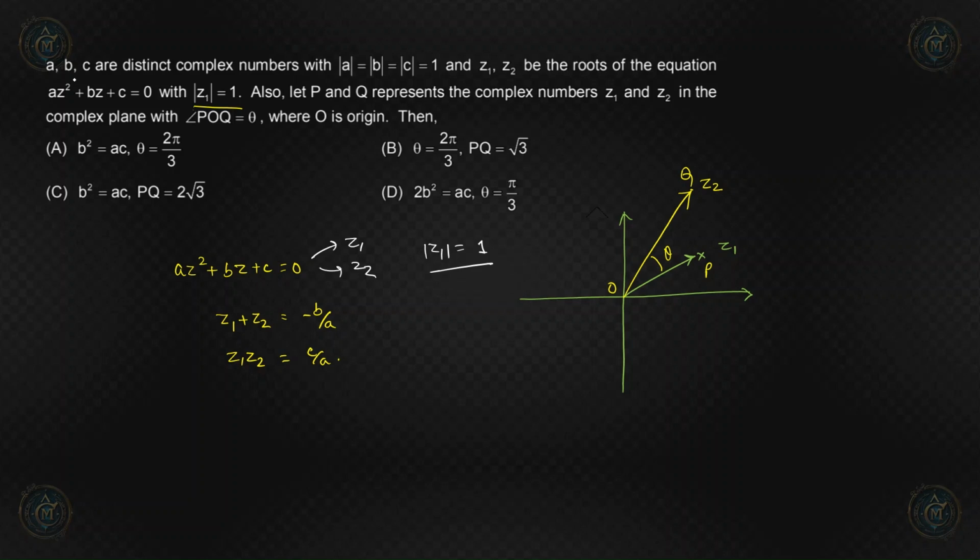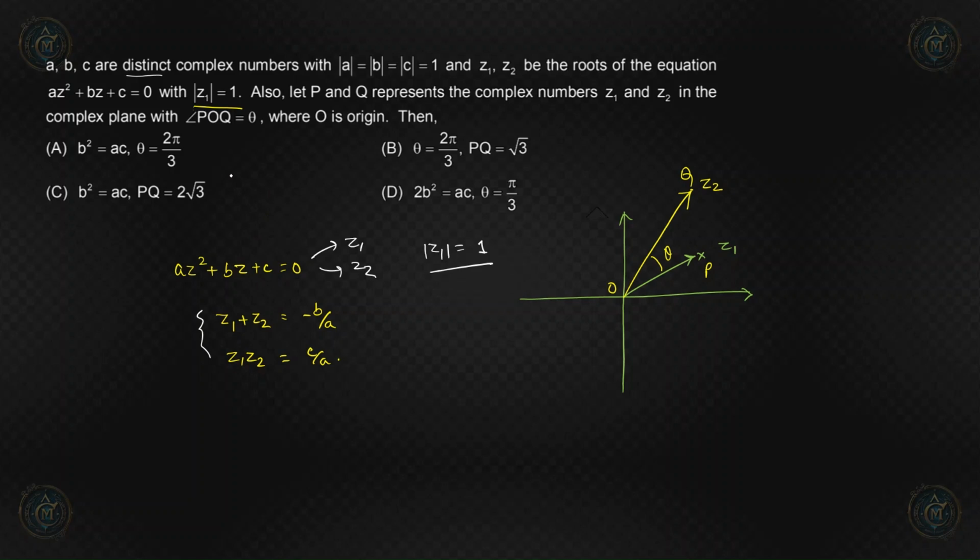Now we are given some information about the moduli of these three complex numbers. A, B, C are distinct complex numbers, with mod of A equal to mod of B equal to mod of C equal to 1. So basically some information is given about their modulus. So our next step will be to take modulus on both sides of these two equations, because we are interested in finding the modulus.